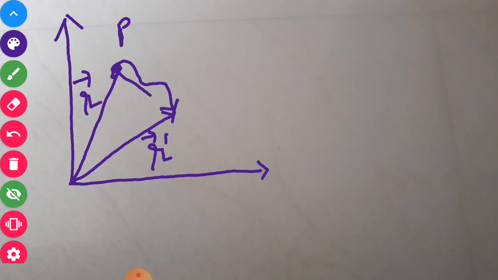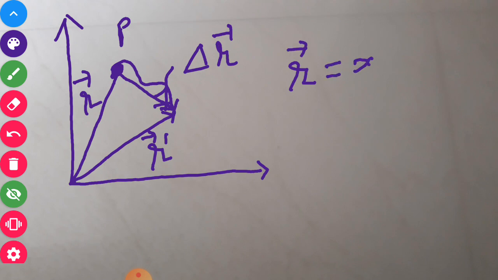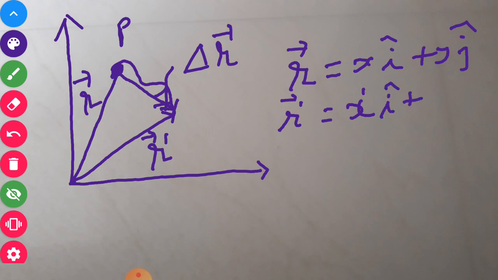This becomes the displacement, delta r. Whenever the particle is at point P, it must have two coordinates, and the vector r can be written as x i cap plus y j cap. Similarly, the final position vector r prime can be written as x prime i cap plus y prime j cap.